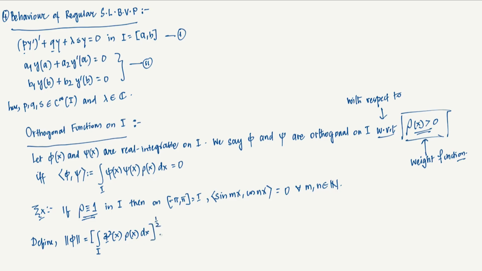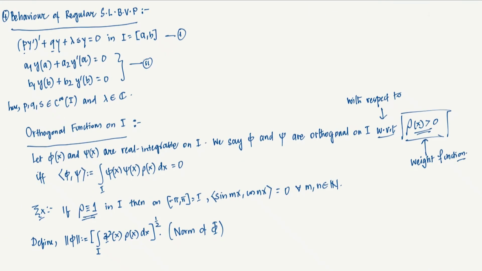Clear? This is our definition of what we call the norm of the function phi. Think of it as the length of phi. Similar situation, right?